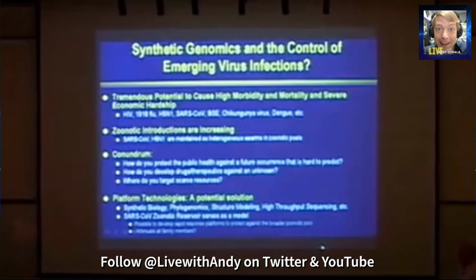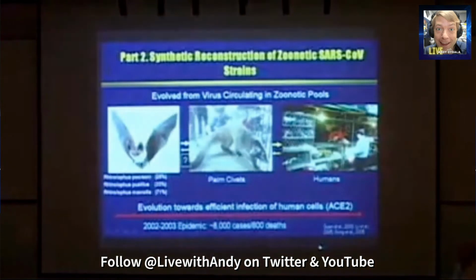Our goal is to use SARS coronavirus and its large pool of zoonotic viruses as a model to develop rapid response platforms to protect against this broader heterogeneous pool of variants. We also would like to develop strategies that would attenuate all family members so that you could rapidly develop vaccines for the overall public health.